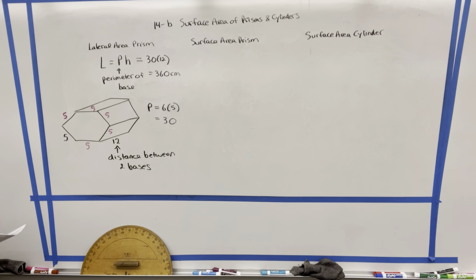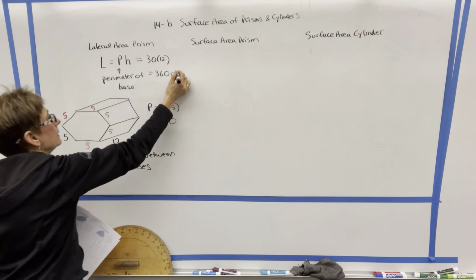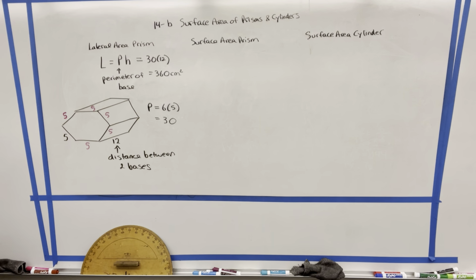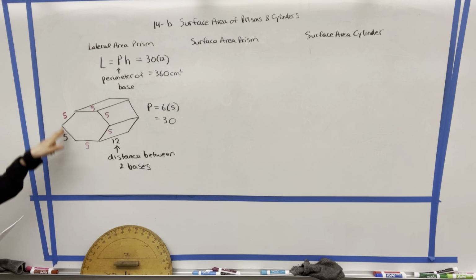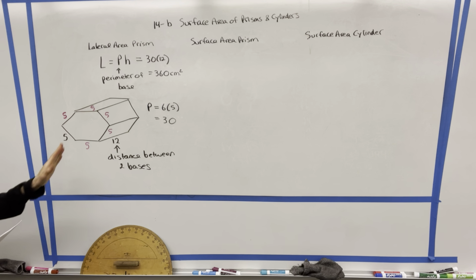And you typically would write your answer in centimeters squared. So that would be an example of how we can use the formula for the lateral surface area of a prism. You do need to know the perimeter of the base, and then you need to know the height, which is the distance between the 2 bases.